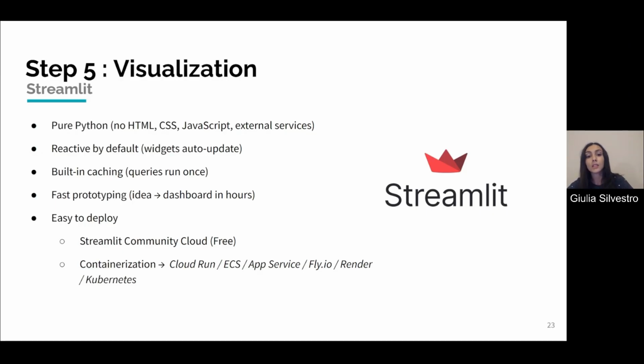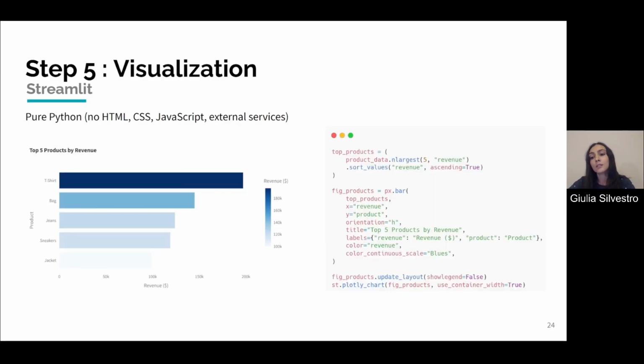Here we can see an example. We can see how simple it is to define a bar chart, for example. So we don't need JavaScript or a complicated framework, it's just Python. So we can write our query. In this case, it's written in pandas, but we could also use, we should use DuckDB.